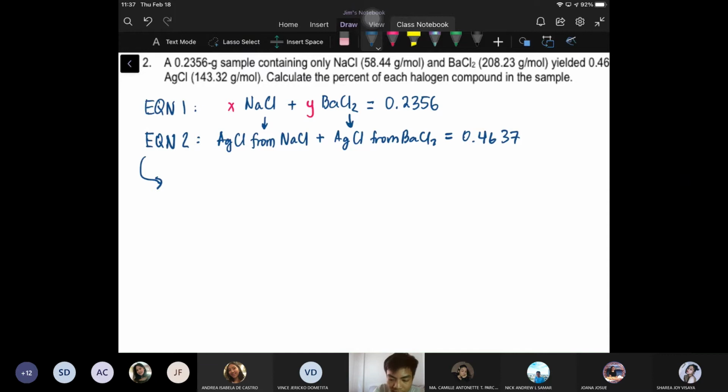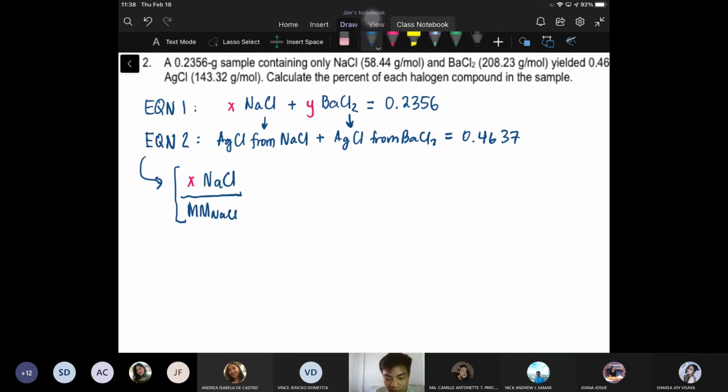So you start with, let me put a big parenthesis, x gram of NaCl. What do you do with the mass? You convert it to moles, right? So you divide this by the molar mass of NaCl.